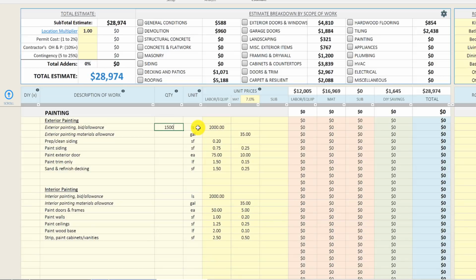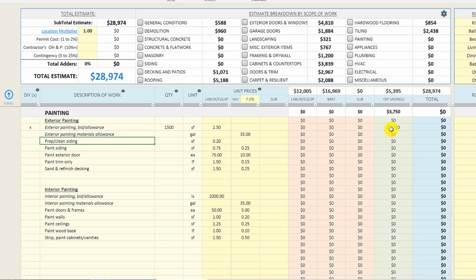Let's say 1,500 square feet, and let's input $2.50 there. If we were to hire a contractor, that'd be about $3,700 for the painting. But I ended up doing this work myself, so let's plug that in.